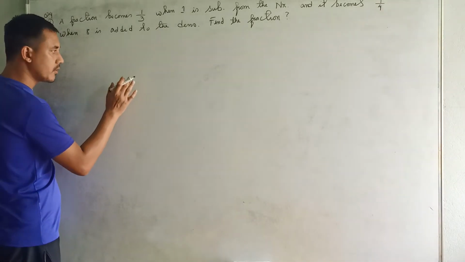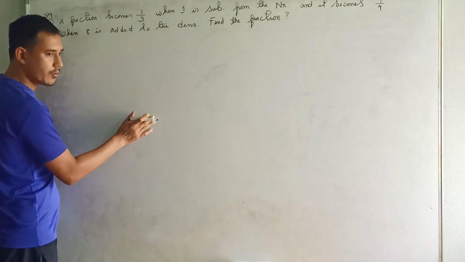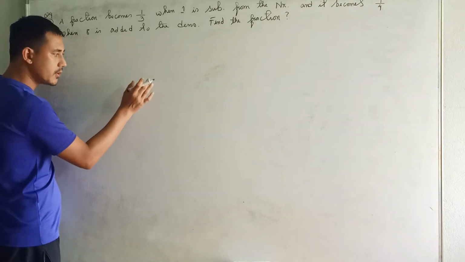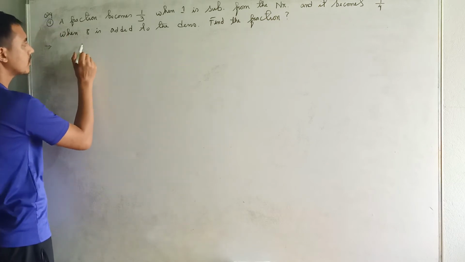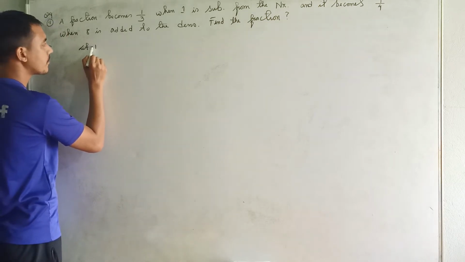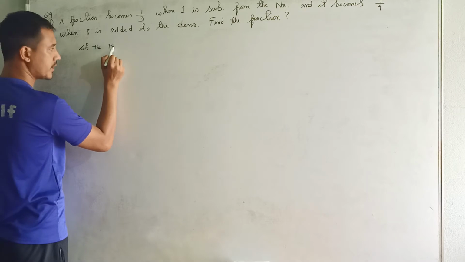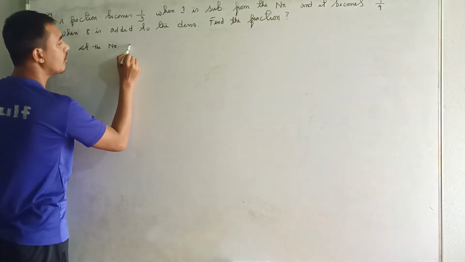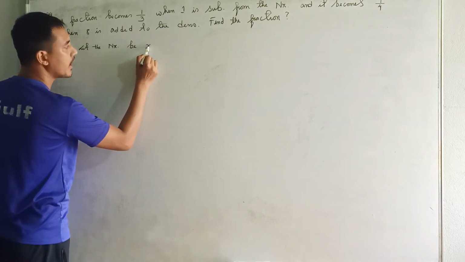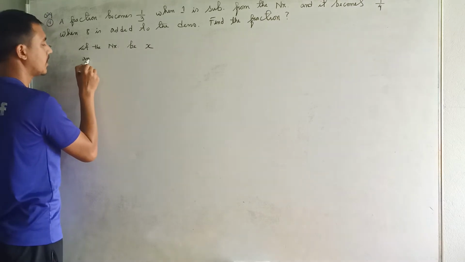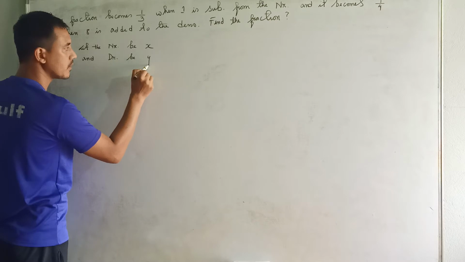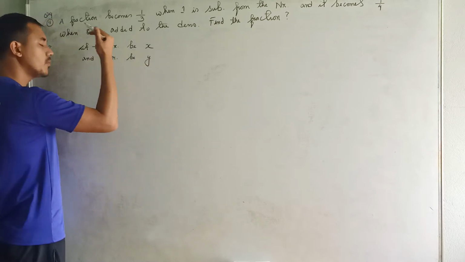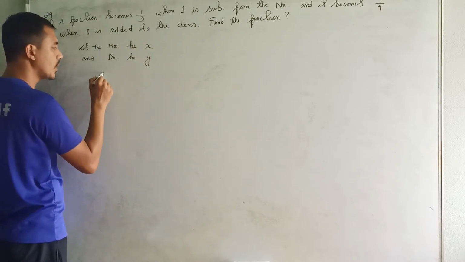Fraction means numerator and denominator. If we know the numerator and denominator, we know the fraction. So let the numerator of your fraction be x, and the denominator of your fraction be y.